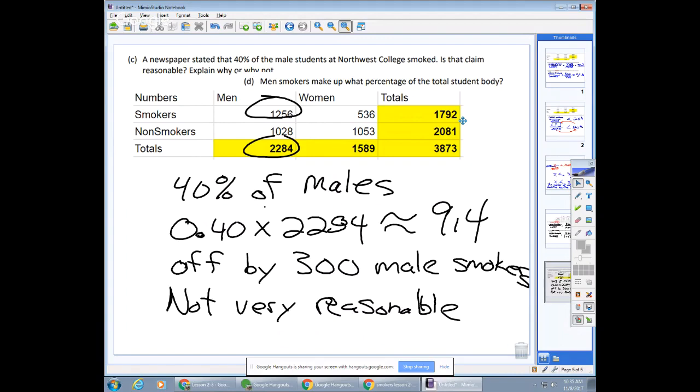Aaron? Which number up there represents the total student body? I think it's the 3,800. Yeah, so if we take the 1,200 out of 3,800, that'll give us that percentage there. And I didn't calculate that one. That's not in my table. But I can put it in there.